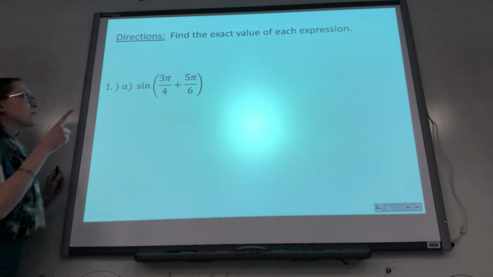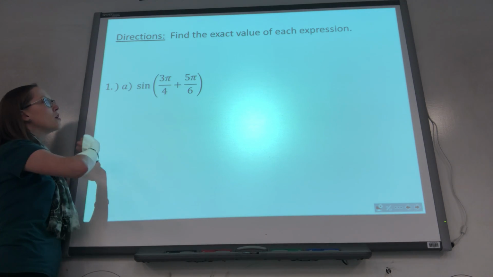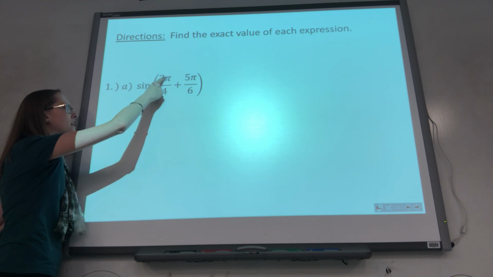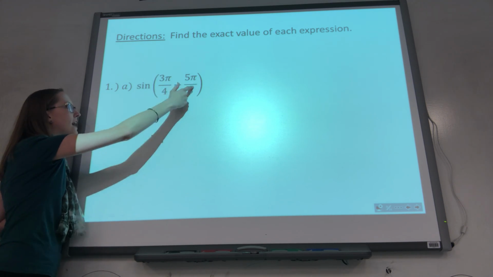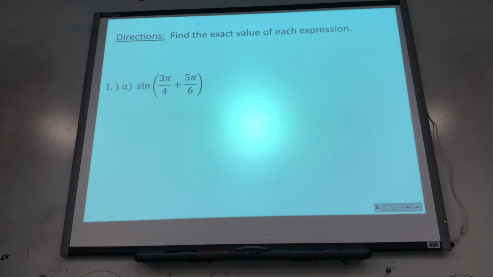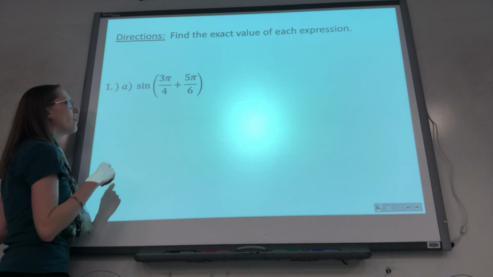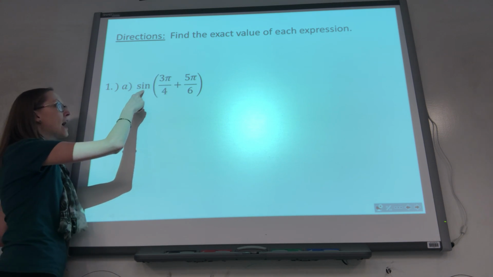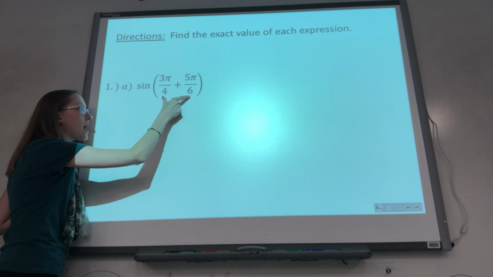Now again, you're not allowed to distribute a trig function like this. This is not the same as sine of 3 pi over 4 plus sine of 5 pi over 6. I'll show you that here in a little bit. But what we have here is sine of a sum.